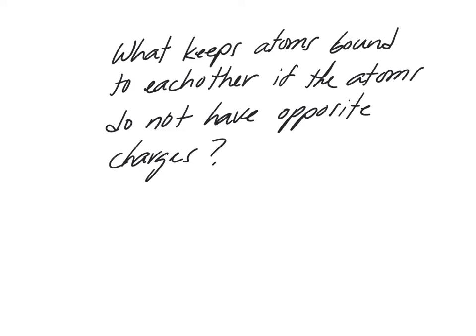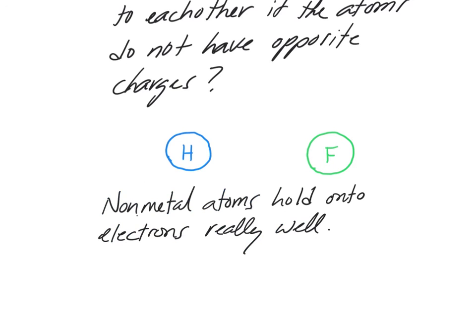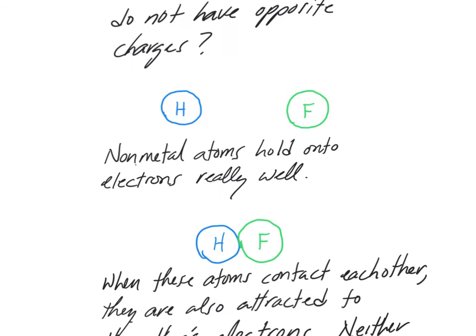Well, let's consider two non-metal atoms, and let's talk about that. Here's an atom of hydrogen, it's a non-metal, and here's an atom of fluorine, also a non-metal. What we found out in the lab is that non-metal atoms like to hold on to electrons really well. We actually observed this in the lab.